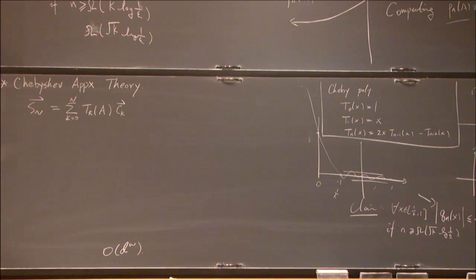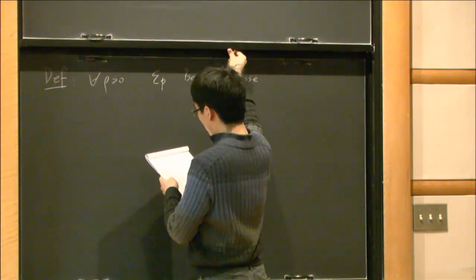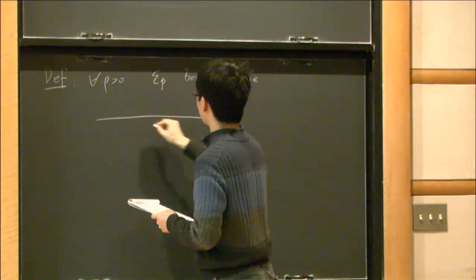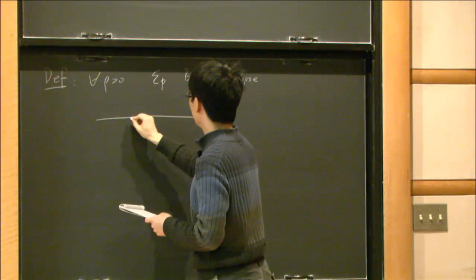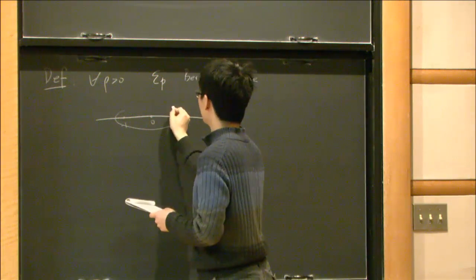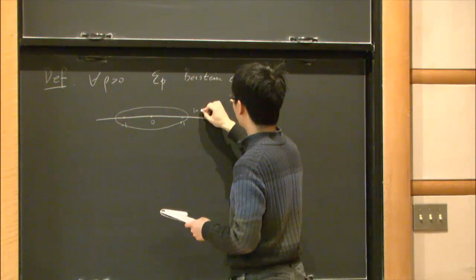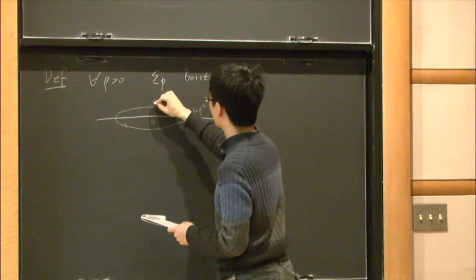Definition. So for every rho that's larger than 0, define epsilon rho to be the so-called Bernstein ellipse, to be the unique ellipse that looks like this. Say this is 0, this is -1, this is +1. And then the ellipse is the one so that this point is roughly, up to constant, 1 plus rho square, and this part is roughly rho.